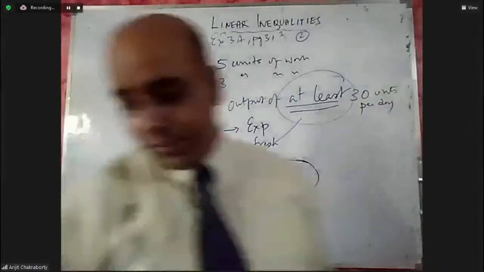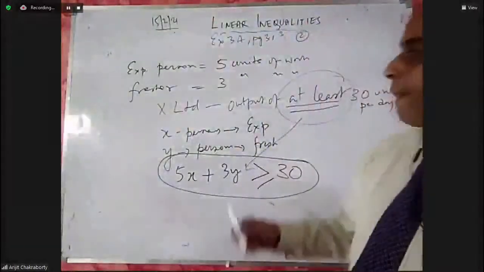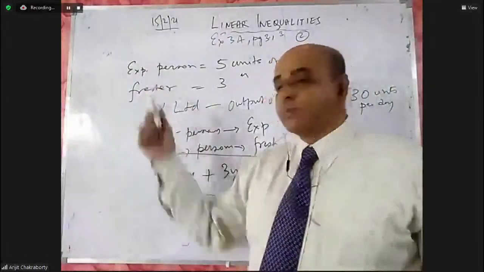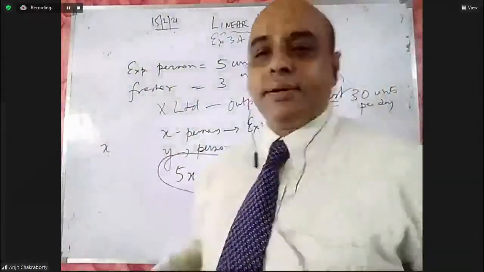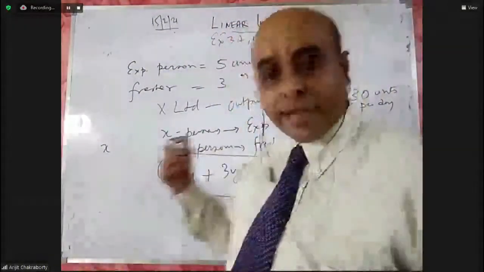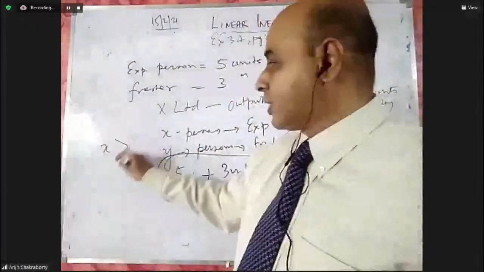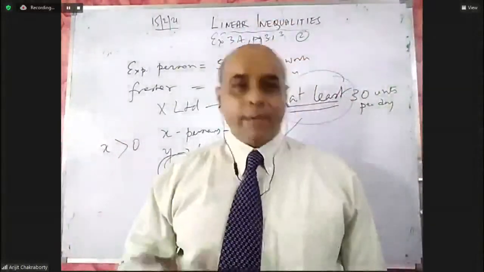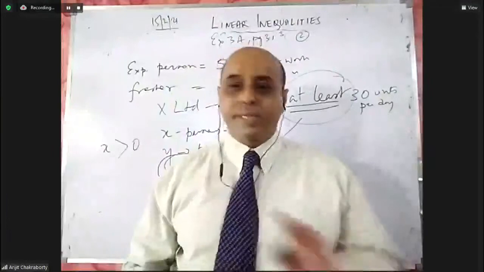At the same time, X is the number of experienced people, so the number of workers must be positive, right? You cannot have a negative number of workers. So X is greater than 0. Similarly, Y, the number of freshers, cannot be negative.